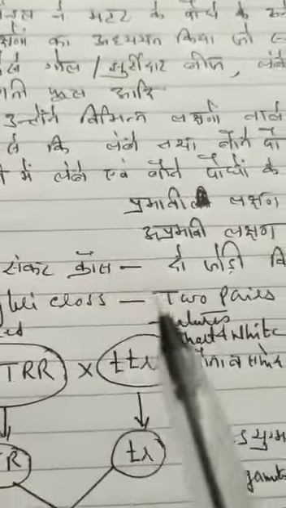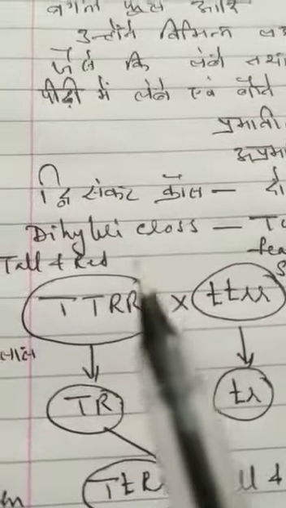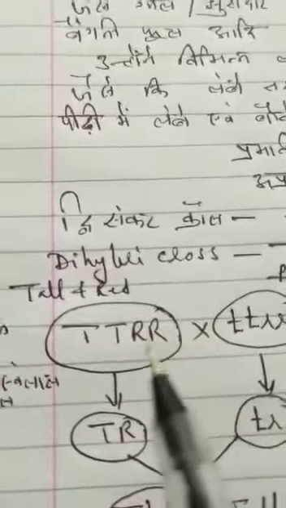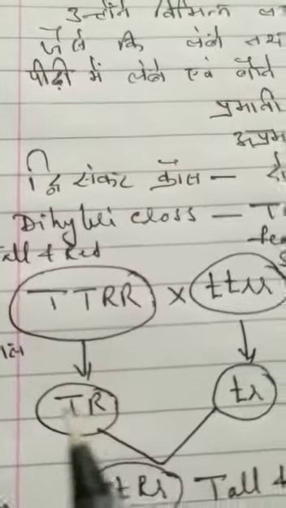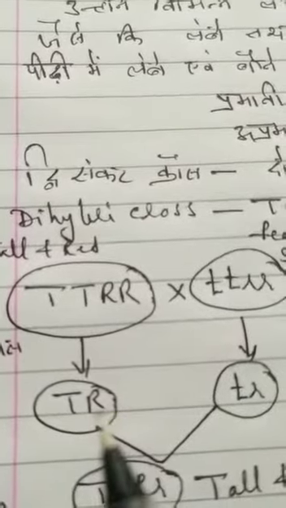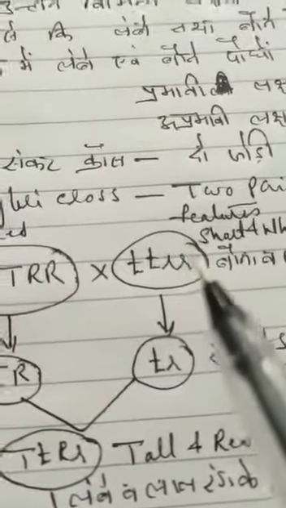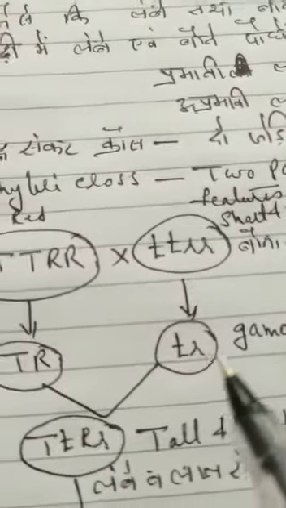When these two plants are allowed gametogenesis, as a result of gametogenesis the number of chromosomes will reduce to half. Here 2T and 2R are present, and as a result of gametogenesis, only a single T and a single R will be present in the gametes. The same will happen in the case of the recessive plants, small t and small r.